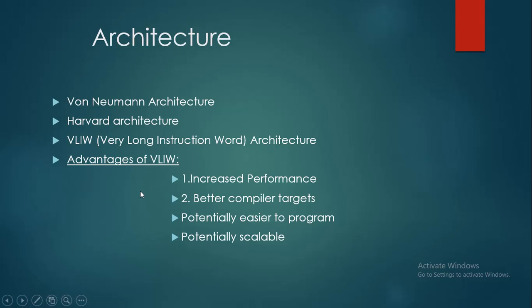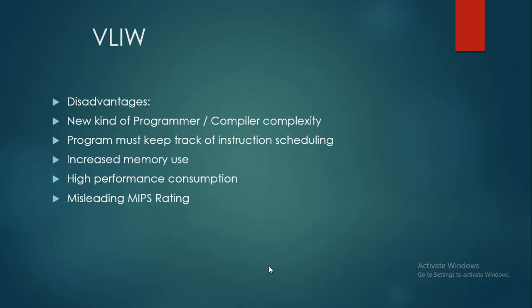What are the advantages of this VLIW architecture? The VLIW architecture has increased performance, better compiler targets, is potentially easier to program, and is potentially scalable. But it has some disadvantages also, like a new kind of programmer or compiler complexity.